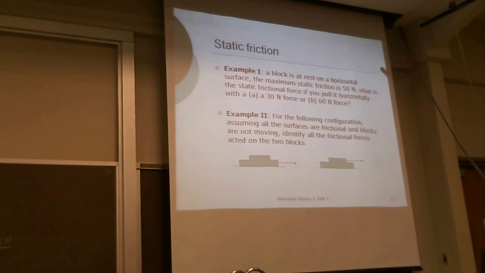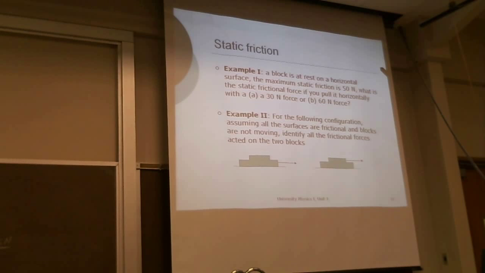And this 30 is enough to compensate the 30 Newton external pulling. So the system is very lazy. It will only give the force enough to compensate the external pulling.